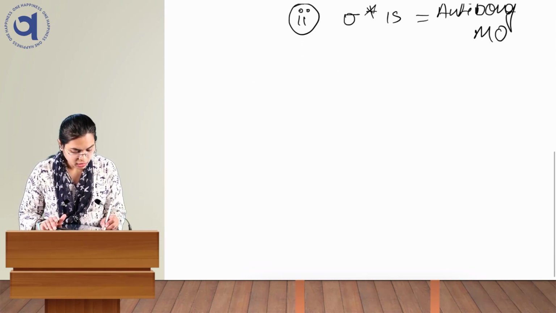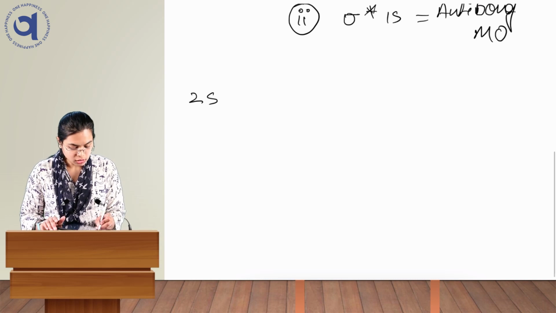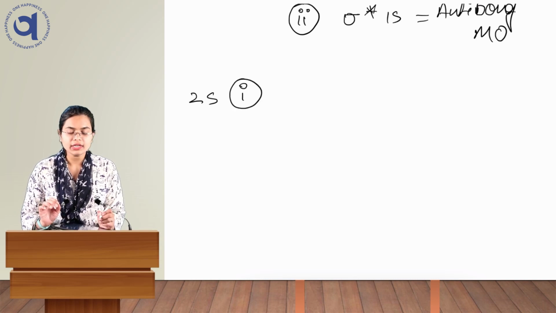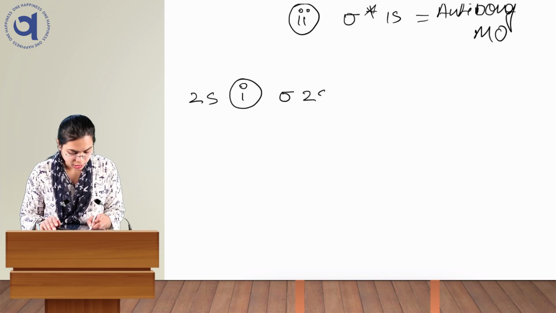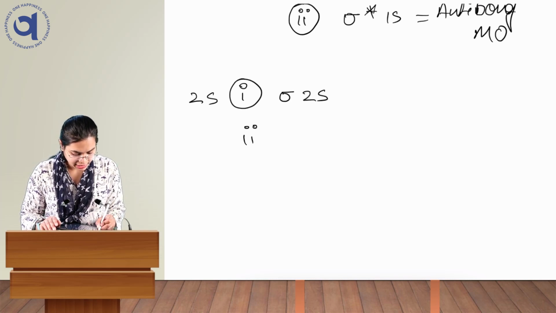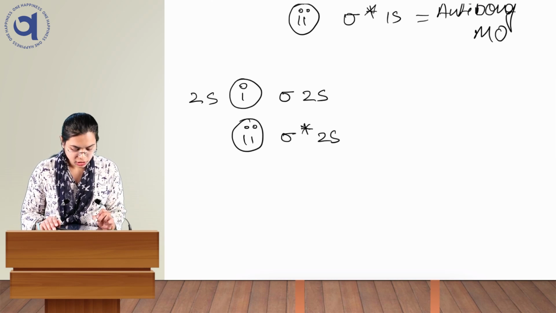In a similar way, the 2s orbital also forms two types of molecular orbitals, that is the sigma 2s and the second is sigma anti-bonding 2s. You might call this the sigma star 2s.